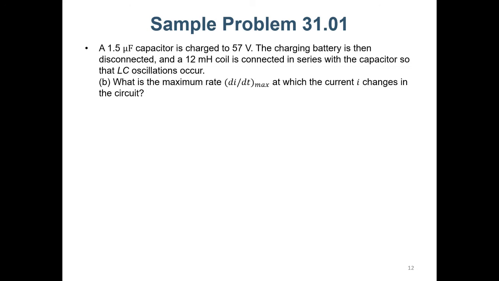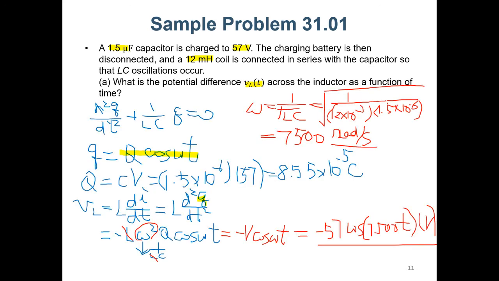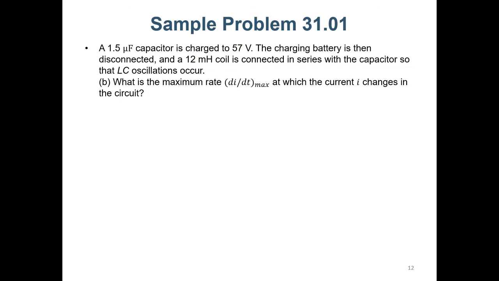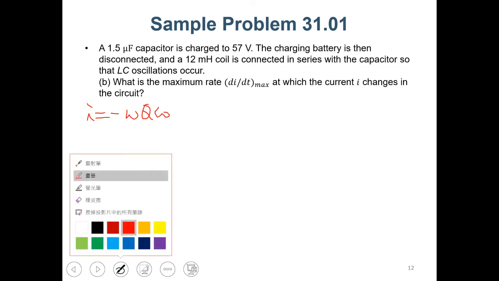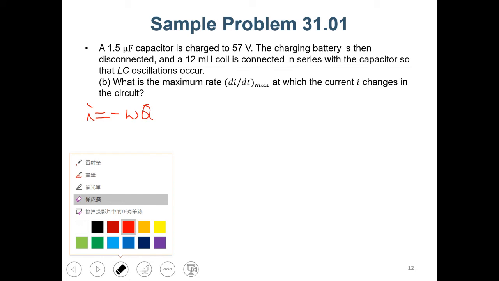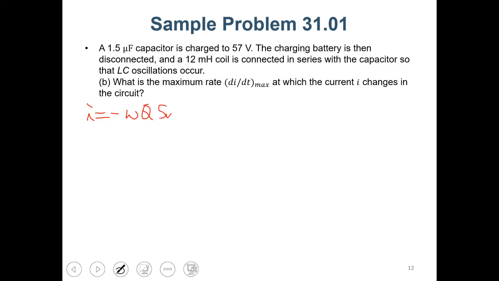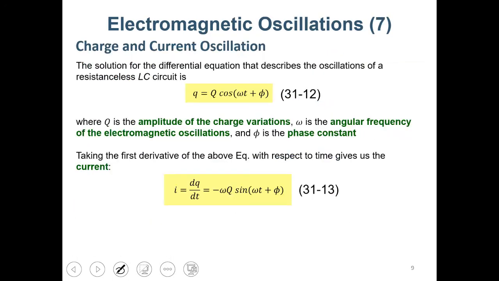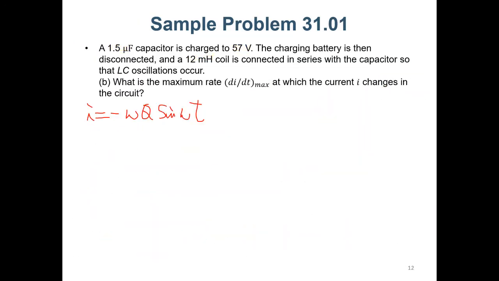So actually, we know that I equals minus omega Q sine omega t, not cosine. We have the expression here.